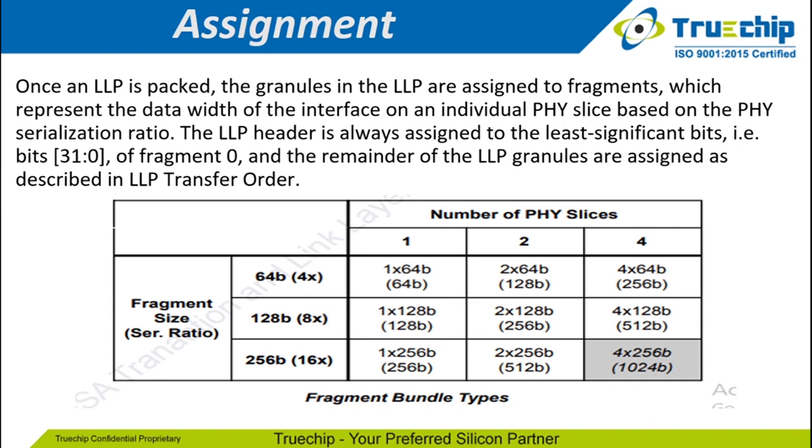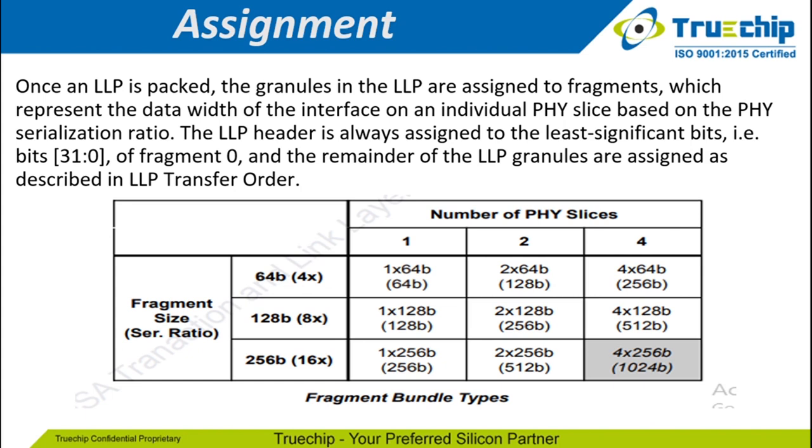For the fragment size of 64 bits, if the PHY layer has one slice, then 64 bits of data will be transmitted from link layer to PHY layer. For 2 slices, data will be 128 bits, and for 4 slices, 256 bits. For the fragment size of 128 bits, if the PHY layer has one slice, then 128 bits of data will be transmitted.